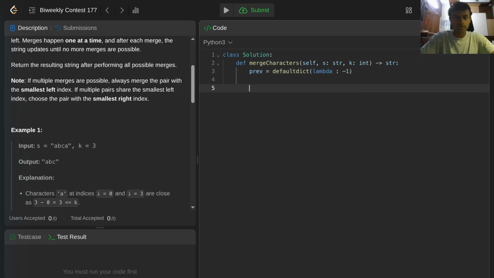Stack is equal to that. For c in s, if previous of c, okay, let's say it's float of, is it infinity or minus infinity? The current.